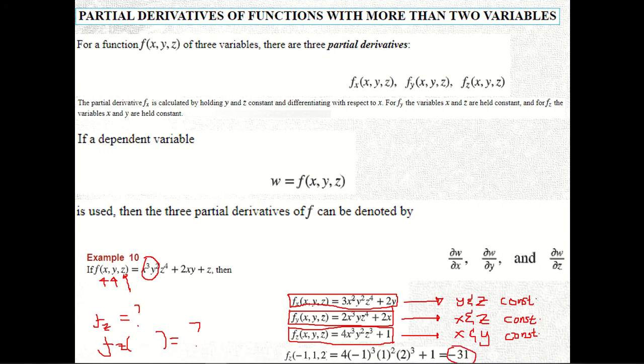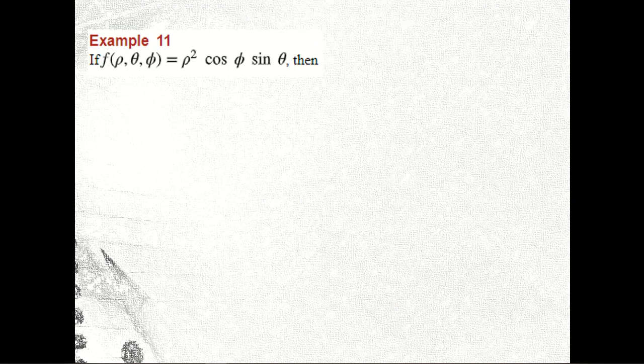All right, so for the next example, we're given a function of rho, theta, and phi equal to this symbol squared. So how do you call this symbol? Sigma, then times cosine phi sine theta. All right, so this is the given function of three variables.